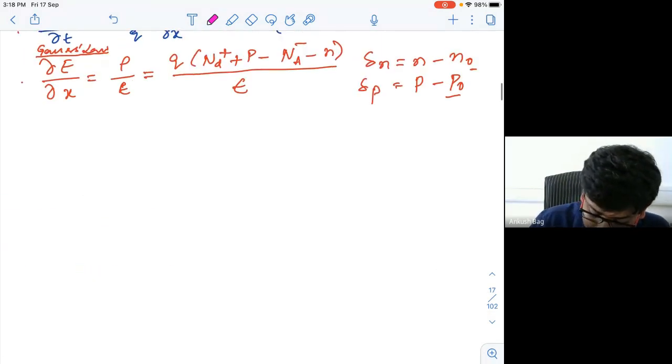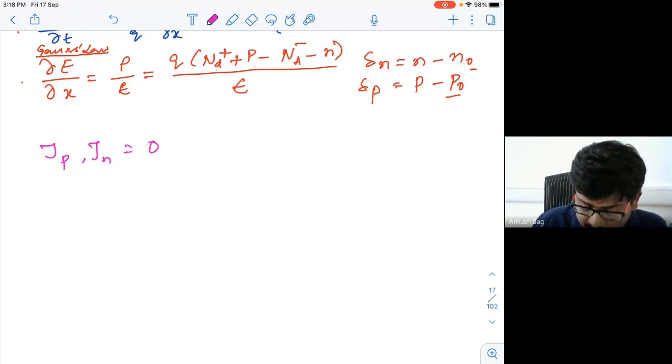First condition: we have just seen that at equilibrium Jp and Jn equal 0, because this is under thermal equilibrium, and we have discussed why there will be no current density for electrons as well as holes, because the drift and diffusion parts cancel each other.